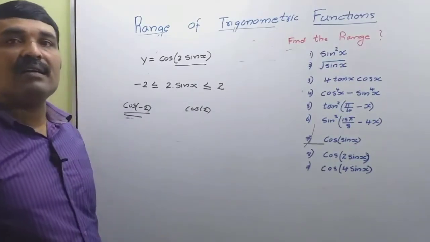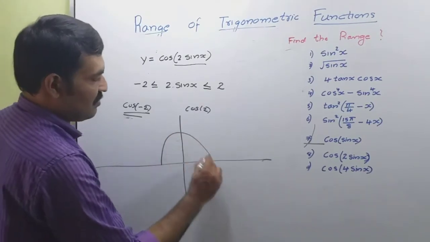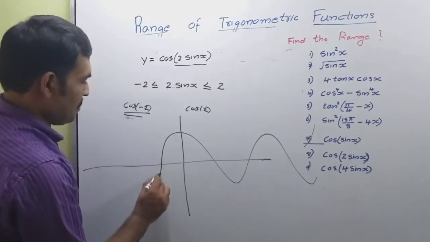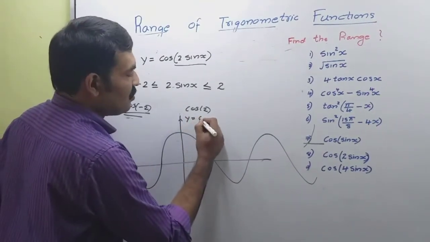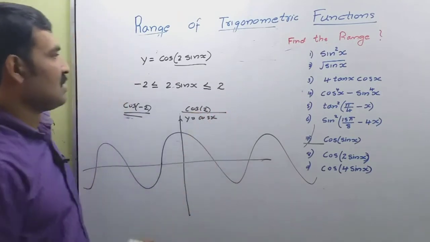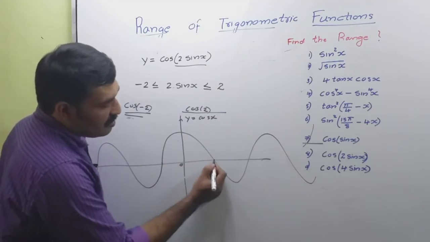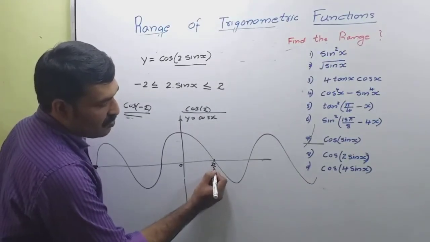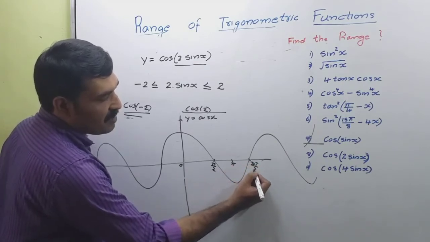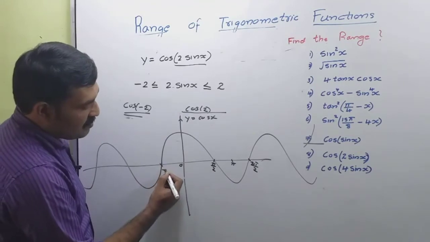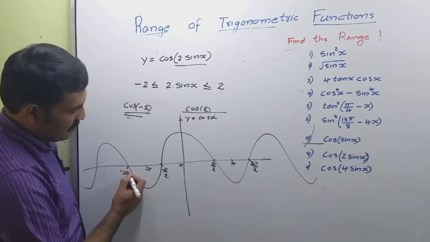Now let us draw the graph of the cosine function, y is equal to cos x. This is 0, this value is pi by 2, this value is pi, 3 pi by 2, and again minus pi by 2, minus pi, minus 3 pi by 2.